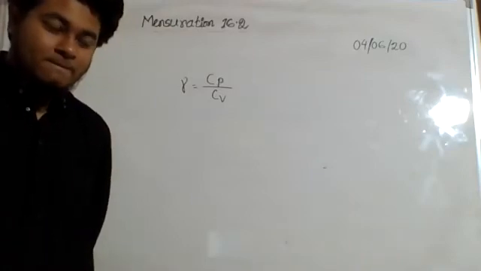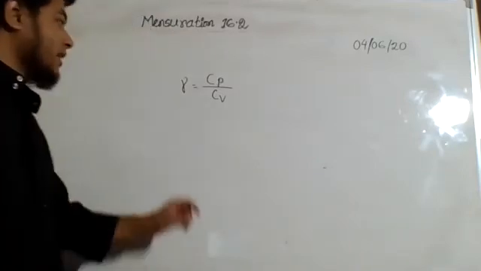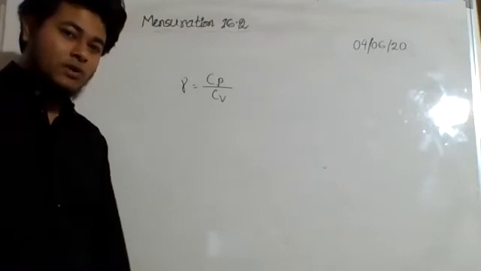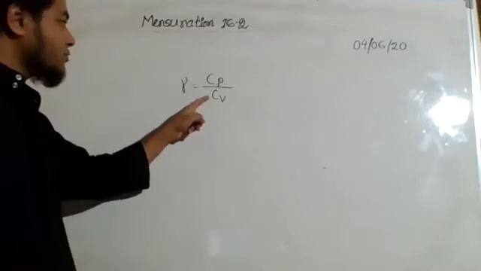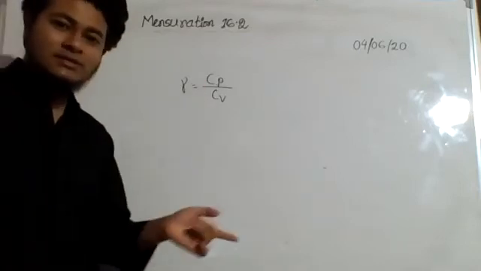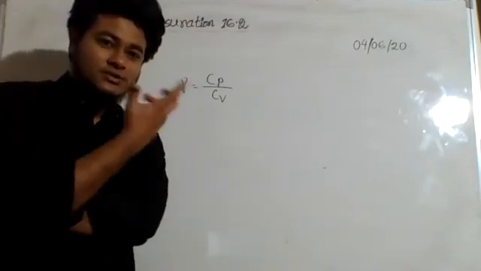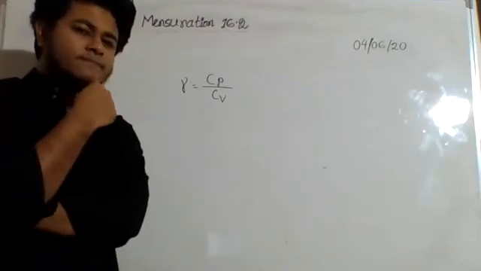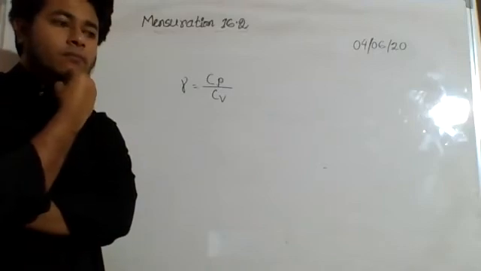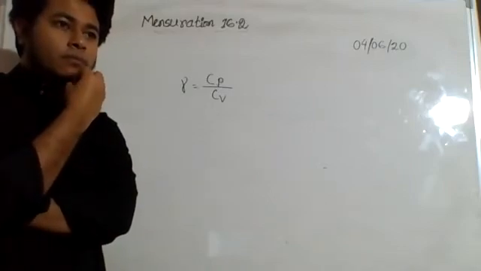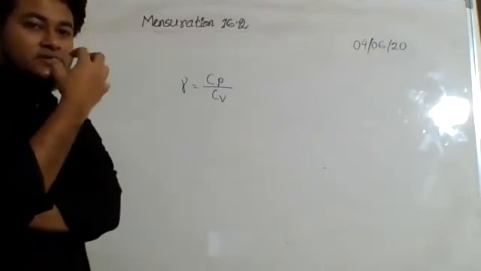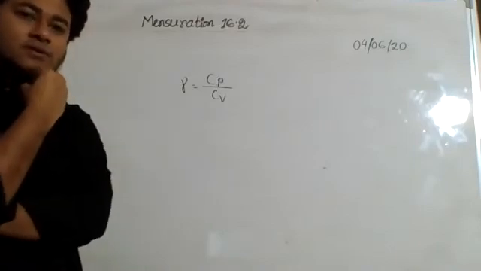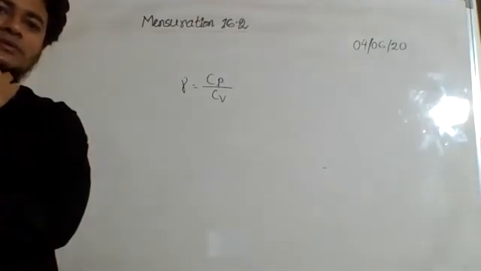Yes, sir. Okay, if the value of gamma has to be equal to 1, then Cp has to be equal to Cv. Are Cp and Cv equal? Is this what we studied till now? What did we study, Khadija? What is the relationship between Cp and Cv? Are they equal?